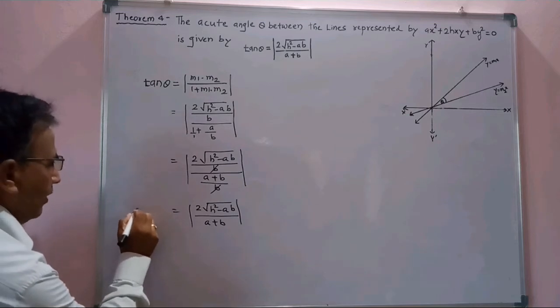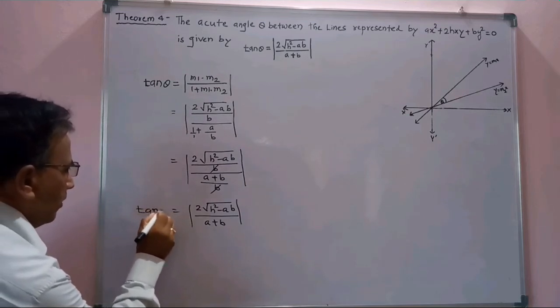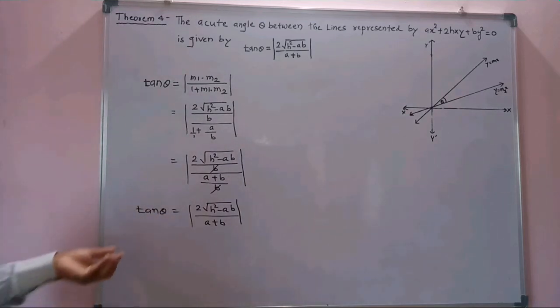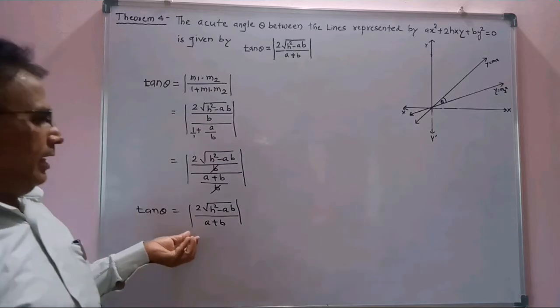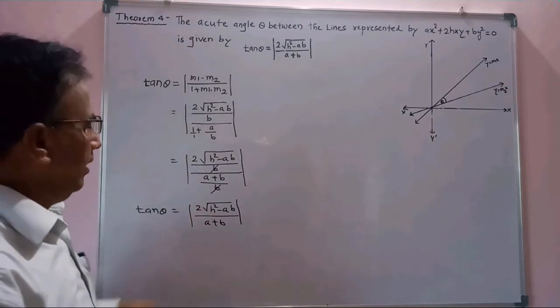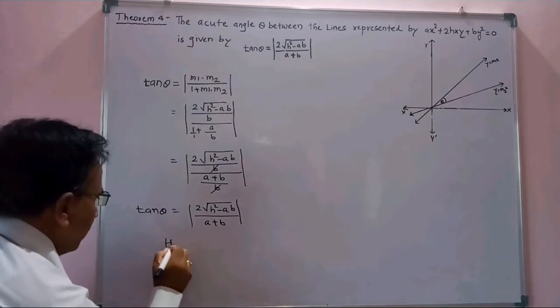Therefore, tan theta equal to mod of 2 into root h square minus ab divided by a plus b. Hence the proof.